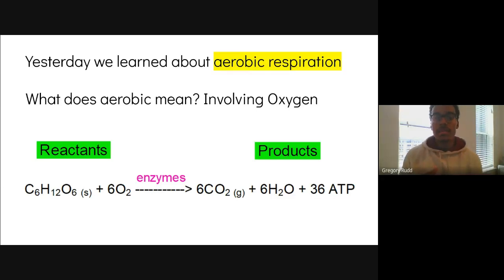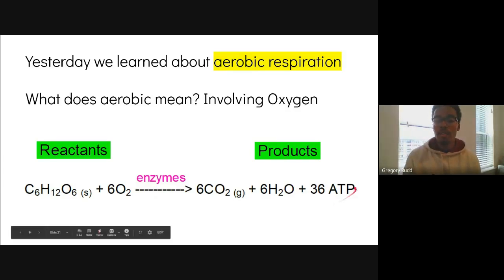Now, this process could not really happen if it weren't for the help of enzymes. If you remember back in our first unit, enzymes are catalysts, so they speed things up. So this reaction relies on enzymes to take place quickly. Like I said, it's happening all the time in your body because all of your body's cells need ATP. They need energy.